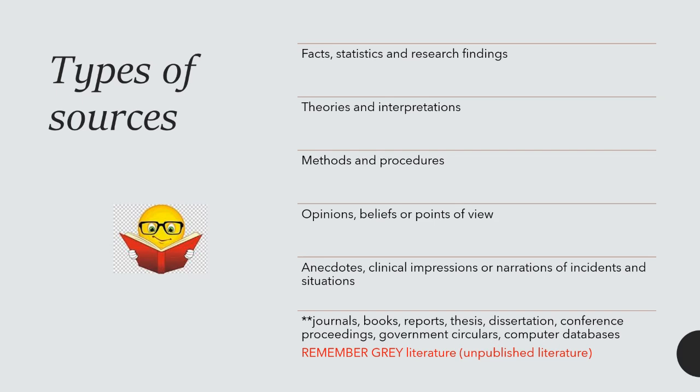And then please also remember the grey literature. What we mean by grey literature is literature that is unpublished. And you will find many theses and dissertations aren't published as articles.